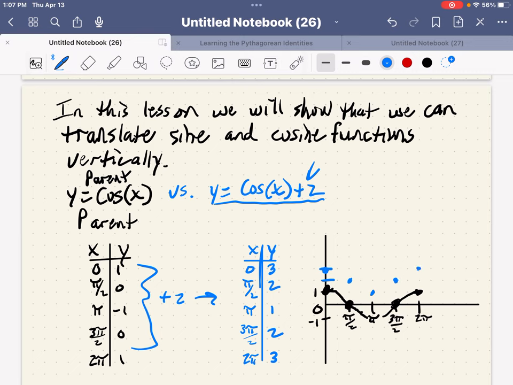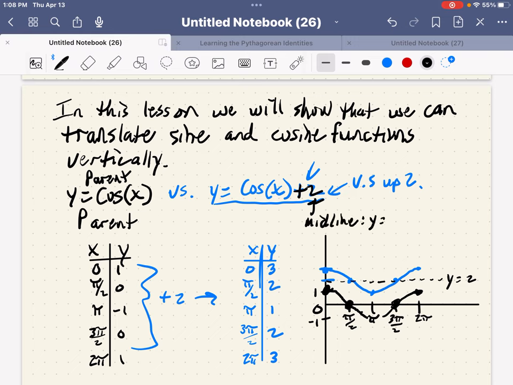If I connect those 5 dots, we see that the black parent function vertically shifted up 2 units. What I normally encourage my students to do is to draw the midline dotted and label it. So what you're going to do is you're going to soon realize that the plus 2 becomes the new midline.